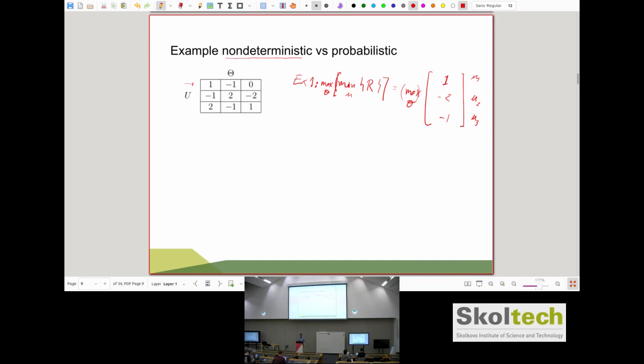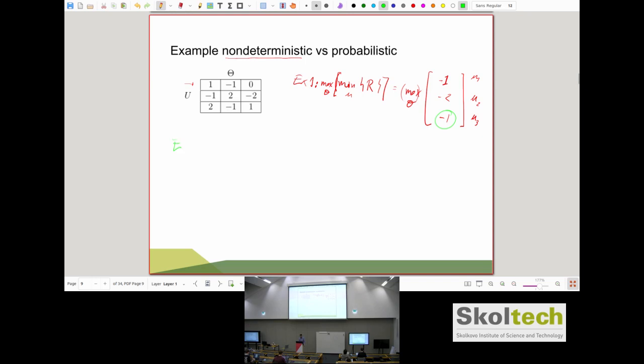From all these potential values, I'm writing here the vector, we want to find the maximum for us. In this case, it's going to be this, or this. Probably this one on a table is not very interesting, but you get the idea of min-max.